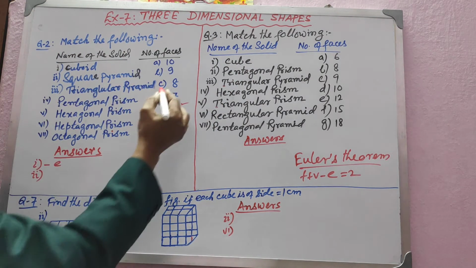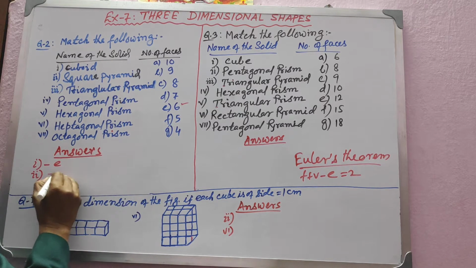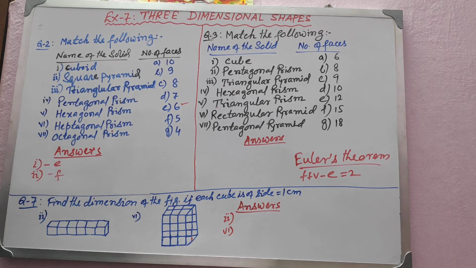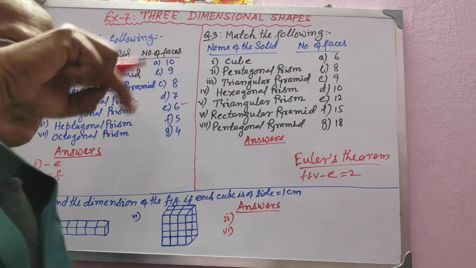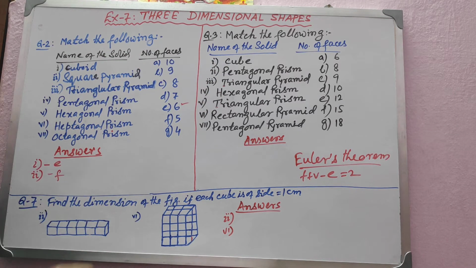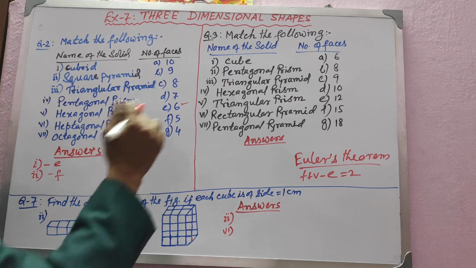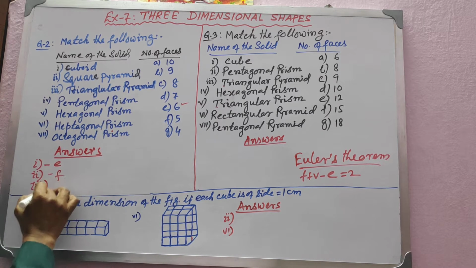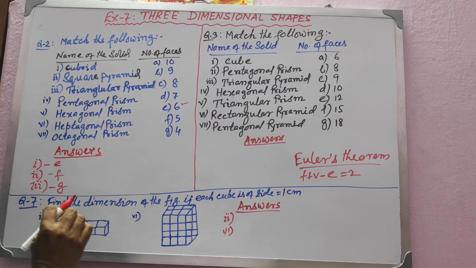So 4 plus 1, 5, it will be matching with F. Now the triangular pyramid: the base is a triangle and the sides join at the top. So it will have 1 plus 3, 4. So the third one will be matching with G.